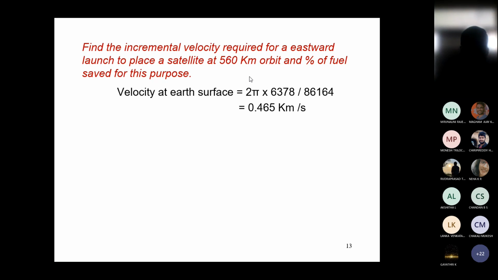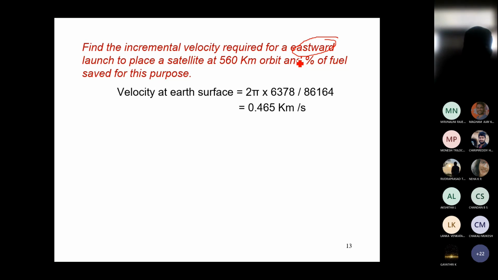So what the question is about: we are launching the satellite towards the eastward direction, and by launching the satellites towards the east, how much amount of fuel are we saving? The condition is that the satellite will be launched at an altitude of 560 kilometers.